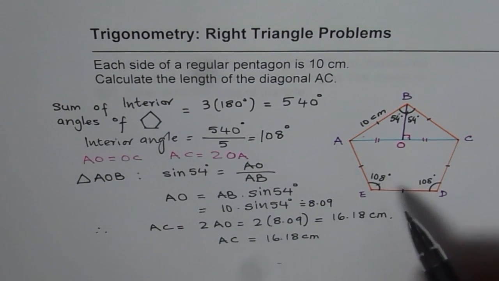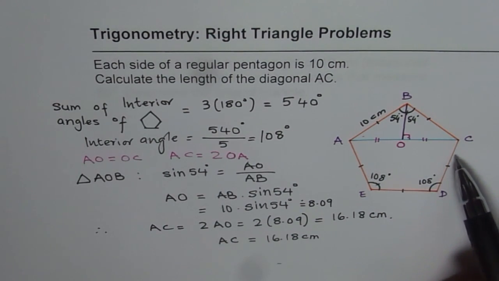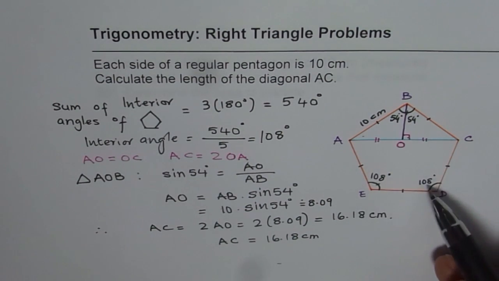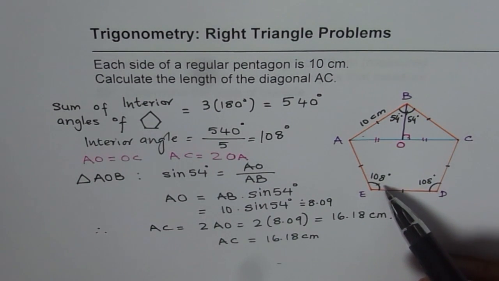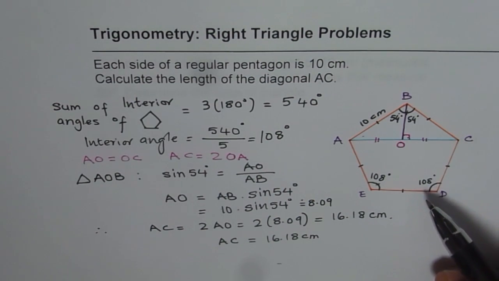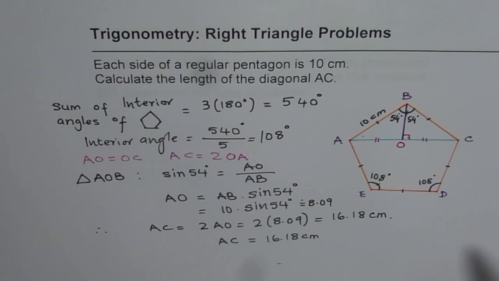So let's look back at how we solved it. Since it's a regular pentagon, all sides are of equal length and all interior angles are of equal dimension. We can find interior angles by knowing that the sum of interior angles for a pentagon is 3 times 180, which is 540.